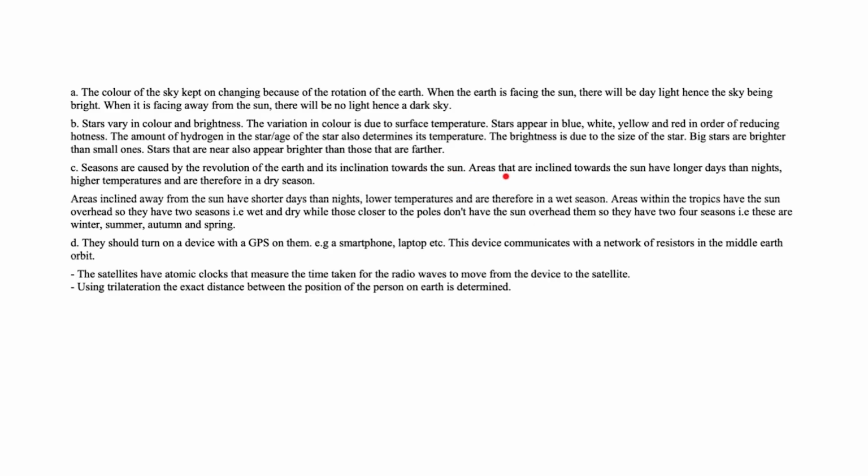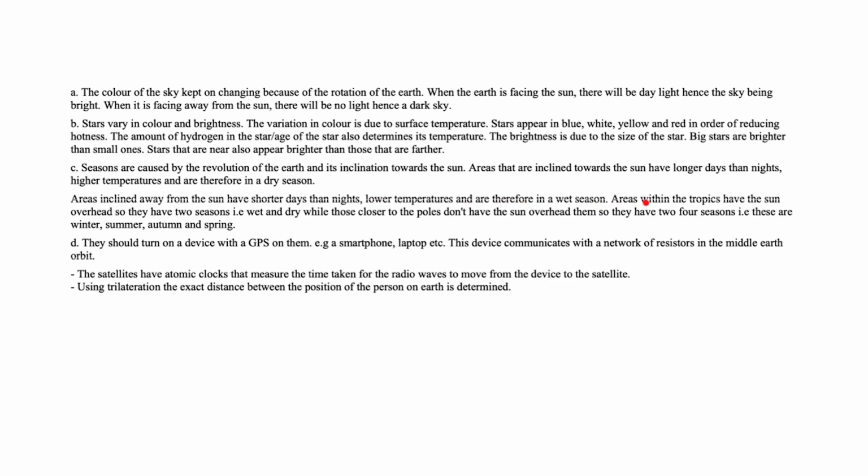Areas that are inclined towards the Sun have longer days than nights, higher temperatures, and are therefore in dry seasons. Areas inclined away from the Sun have shorter days than nights, lower temperatures, and are therefore in a wet season.